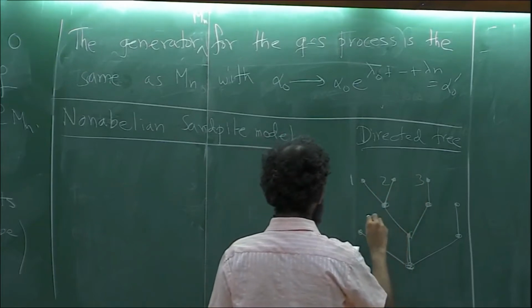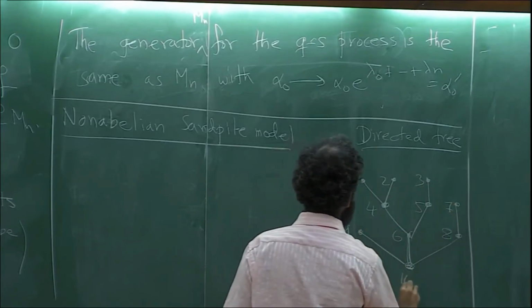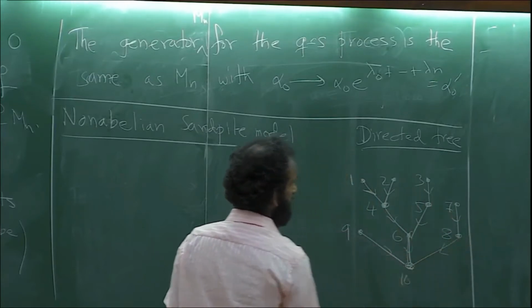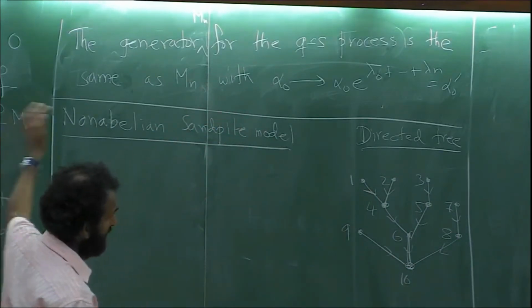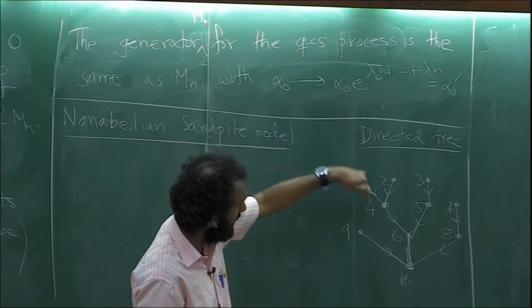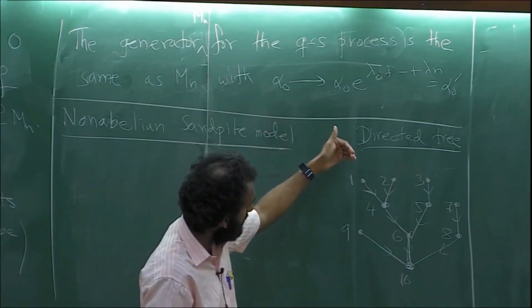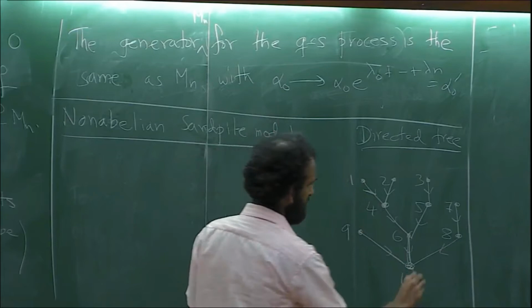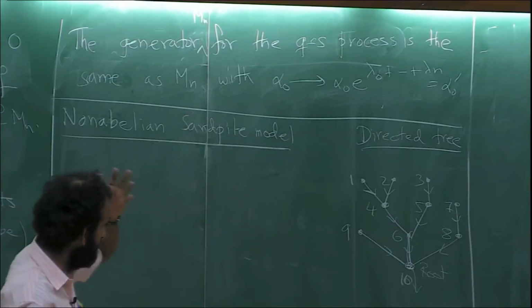So here is this example. Particles will enter at the leaves, and follow the same kind of dynamics. Whenever a particle enters, it finds the next available site along the unique path to the root. This is just a property of trees. Particles will exit at the root. So this is the root of the tree. Such trees are called arborescences for those who are interested.